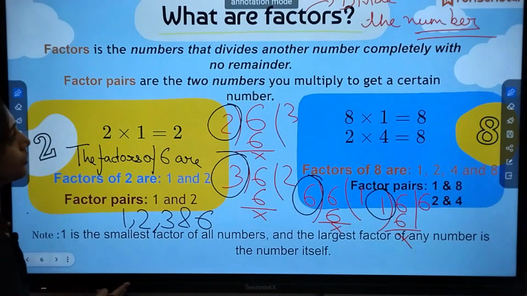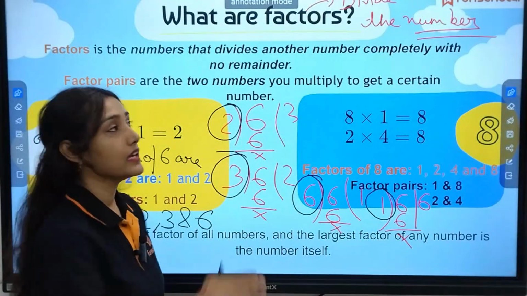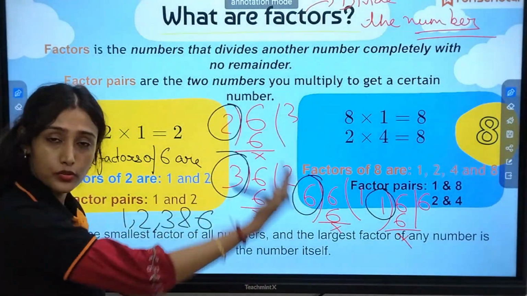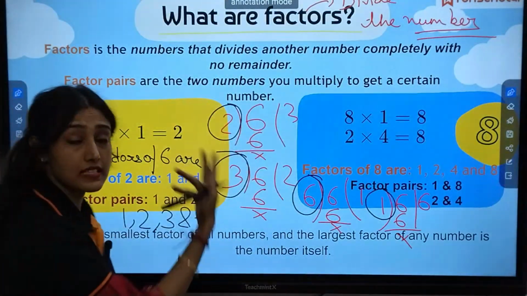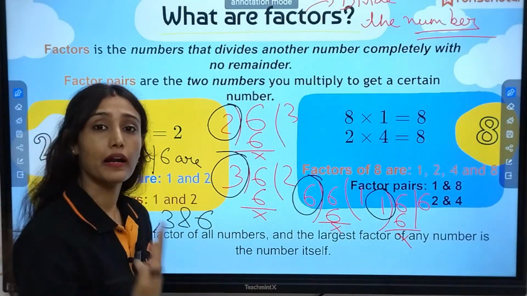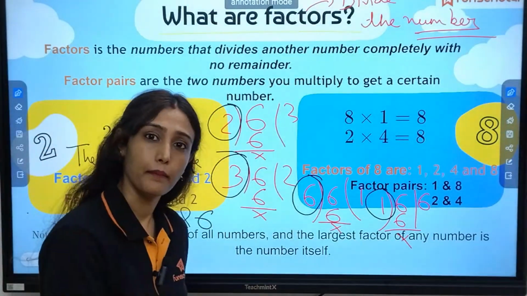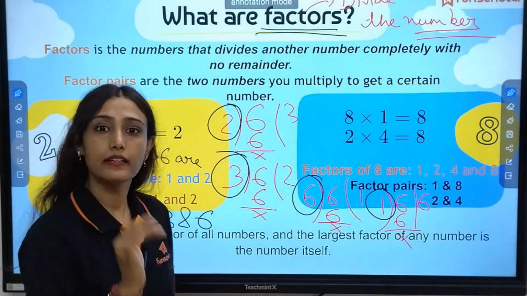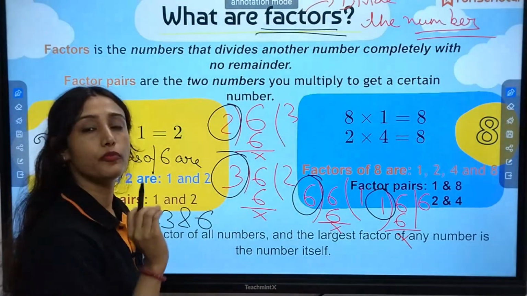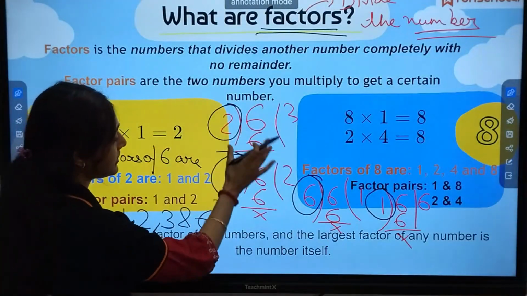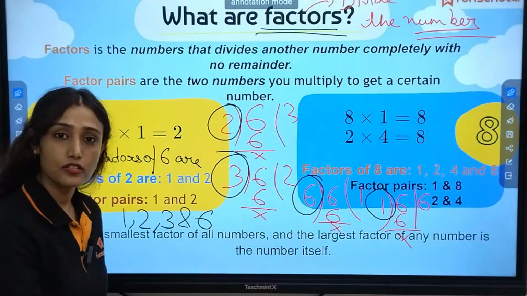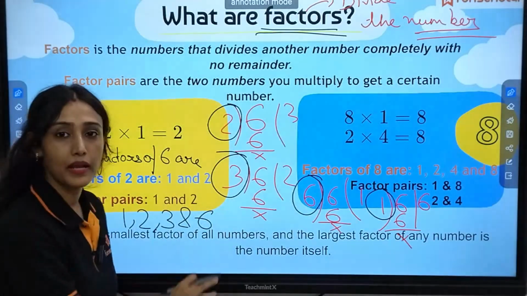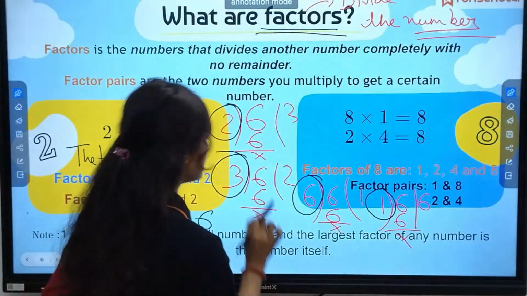No. So just as multiplication is done to find the multiples of any number, to find the factors we simply divide the number without any remainder. In case of finding factors, the remainder will always be 0.